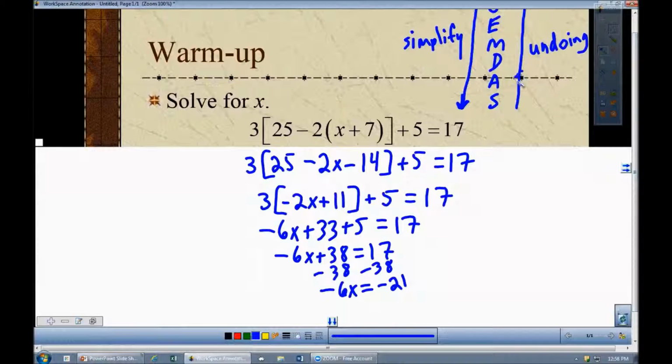So I'm working my way up the order of operations. Undo multiplication by division. Divide both sides by -6, and simplified, -21 over -6 is the same as positive 7 over 2, or in decimal form, 3.5.